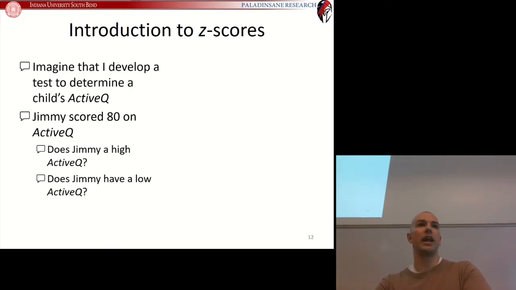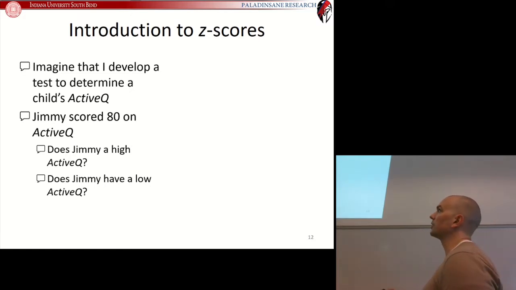Because a score of 80 on active Q, you have no way of assessing that right now. Is Jimmy massively overactive, or maybe he's massively underactive? There's literally no way of telling when I just tell you, oh yeah, he scored an 80. What we need to do is put it in some sort of context, and that context is the distribution.